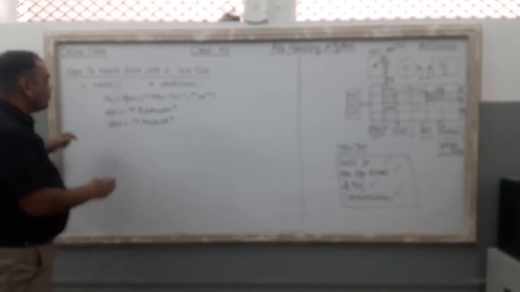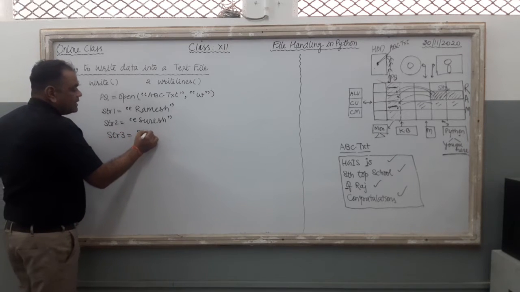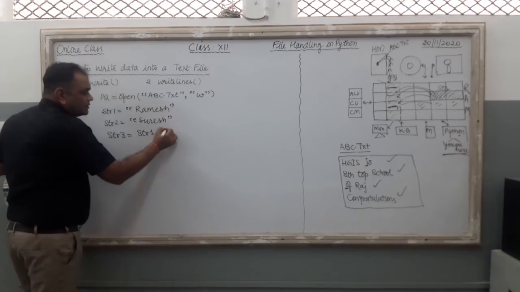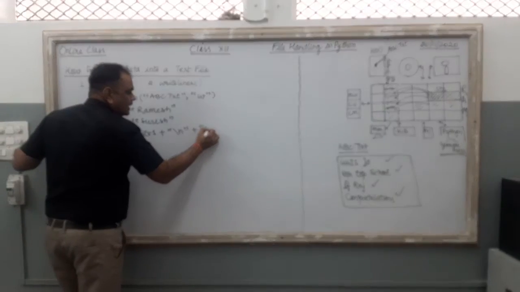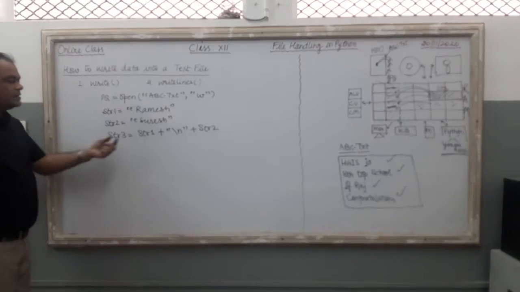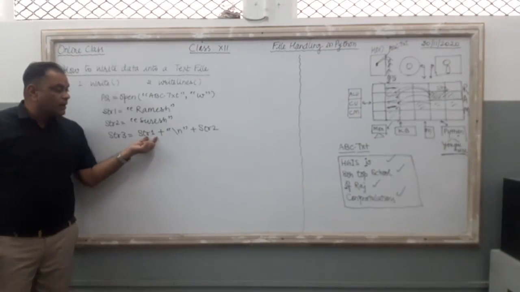तो कैसे मैं करूँ? देखो मैं क्या कर रहा हूँ, str3 equal to str1 plus slash n plus str2. क्या होगा इसे बताओ? str1 plus is a concatenation operator. Just after str1 computer is going to add slash n and then computer is going to add the str2 string.